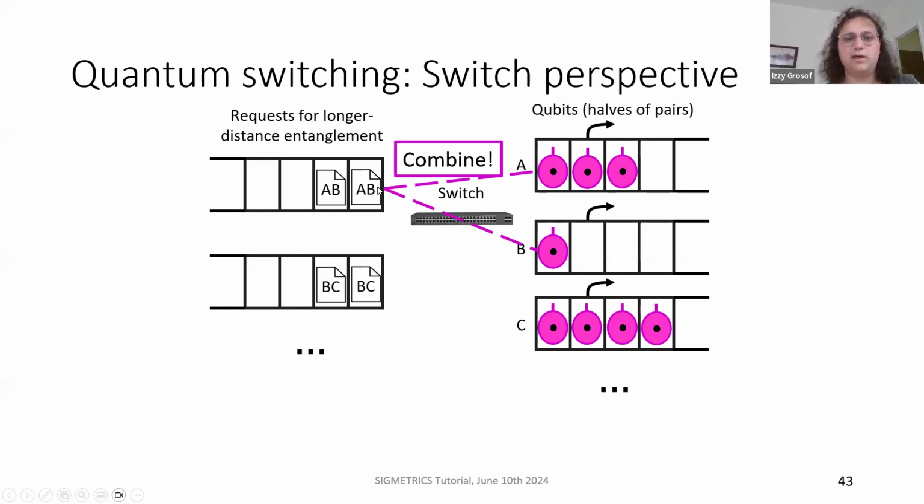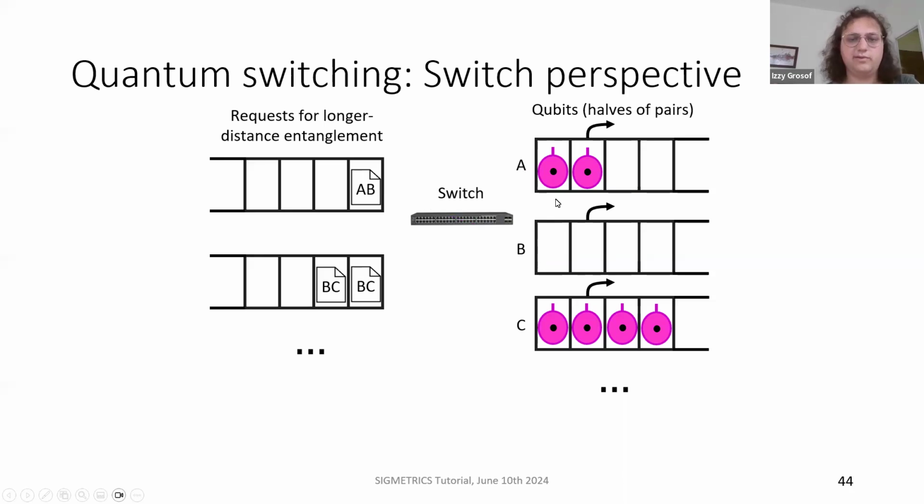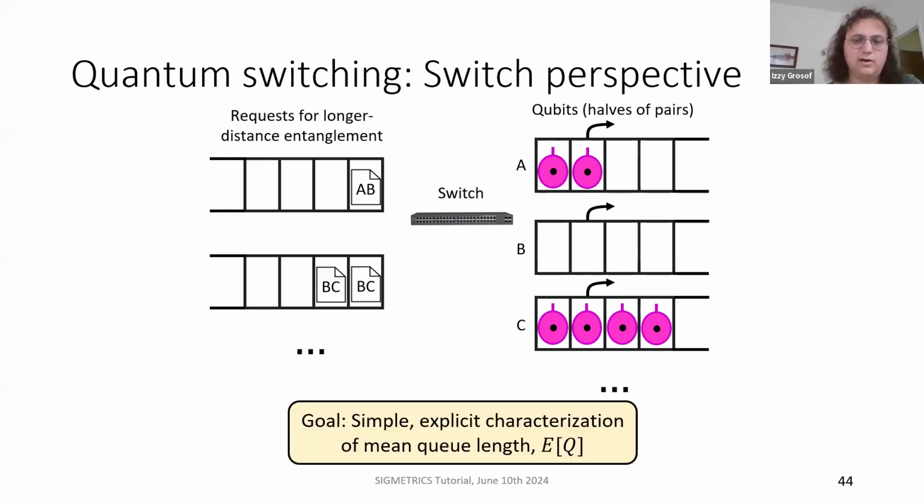So it'll take the request, it'll combine A and B, and boom, those leave the system. We've served a request. So you notice this also has the behavior of a hybrid abandonment, non-abandoning system, right? The qubits are abandoning, the requests just wait until they finally get served. And what we want is a simple explicit characterization of mean queue length, just like for all these systems.